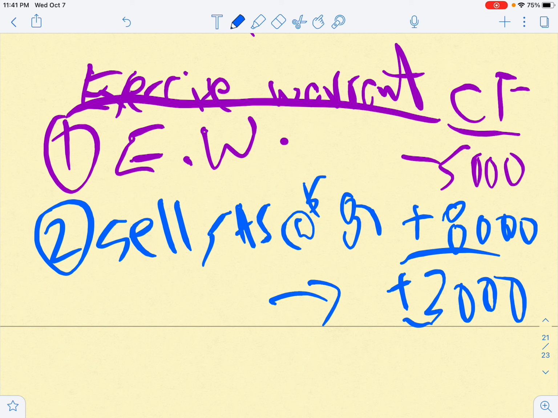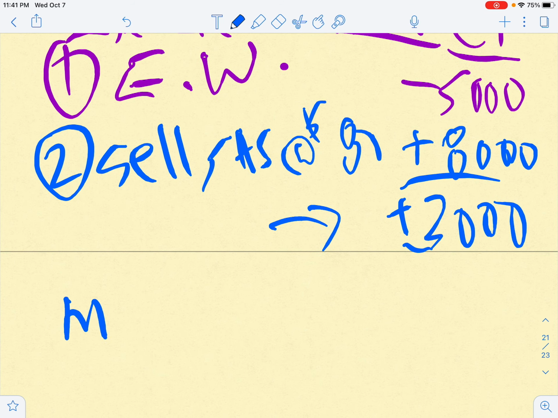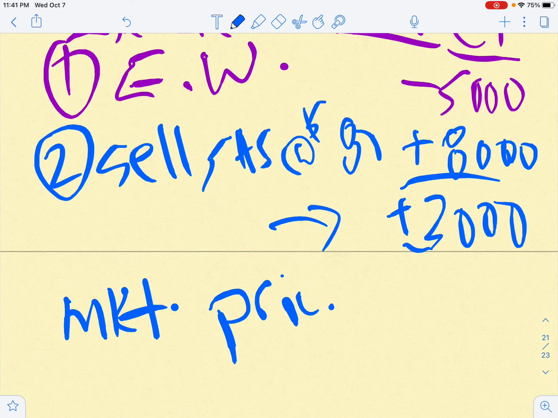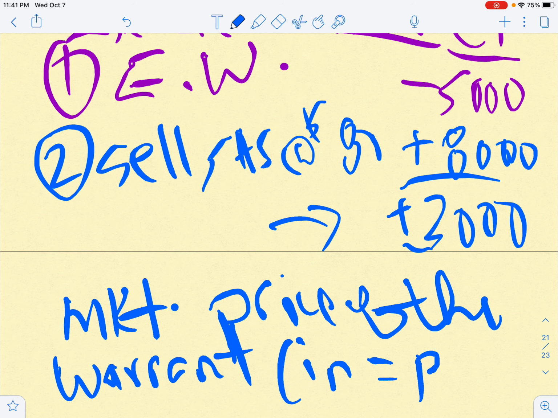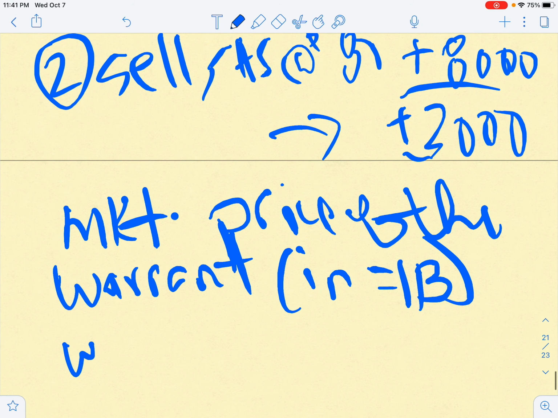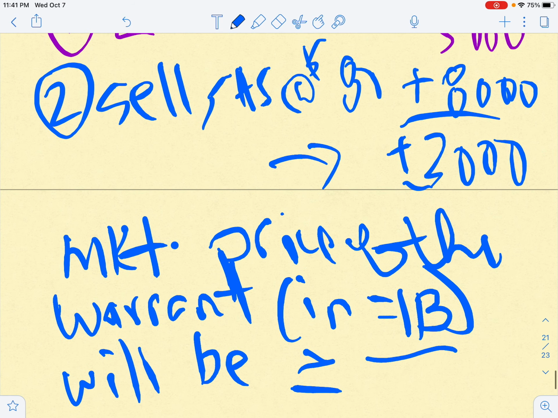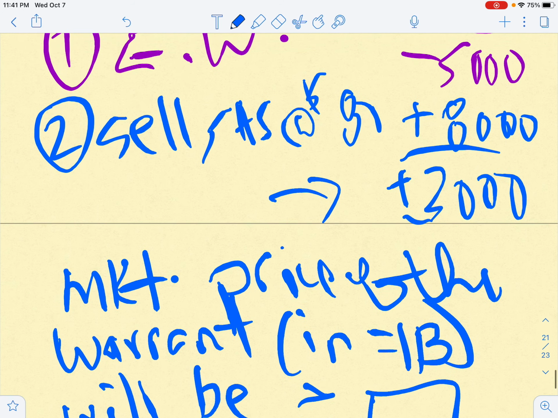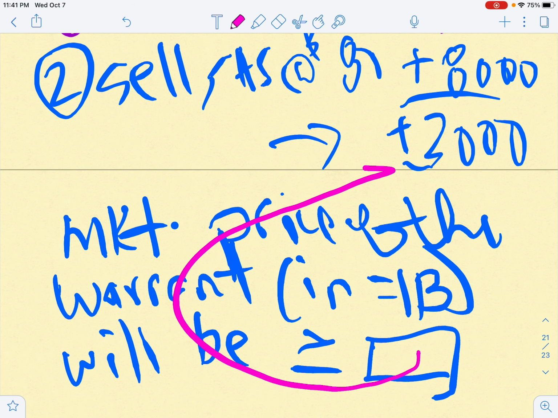All right, but you need not exercise your warrant, because the market price of the warrant, in equilibrium, will be greater than or equal to, I'll draw a line from that little box to that 3,000.